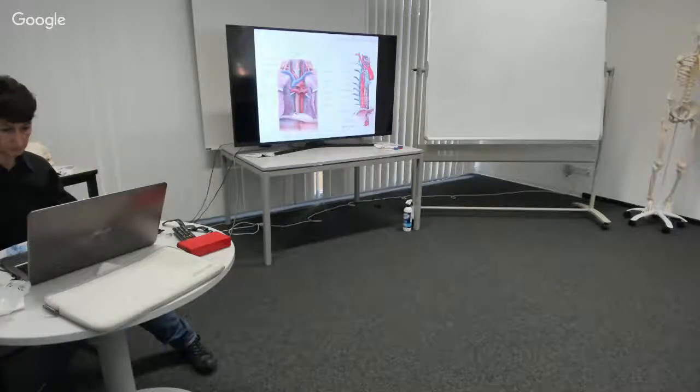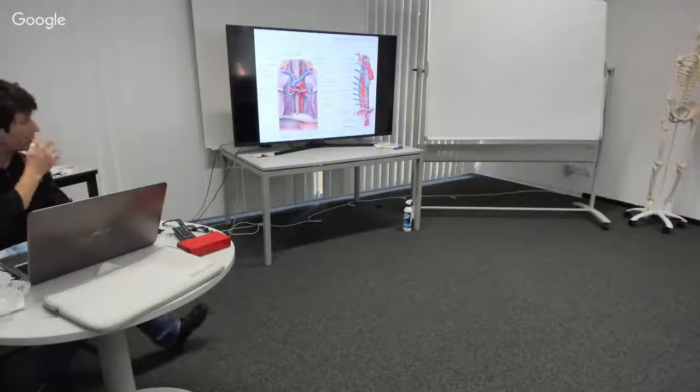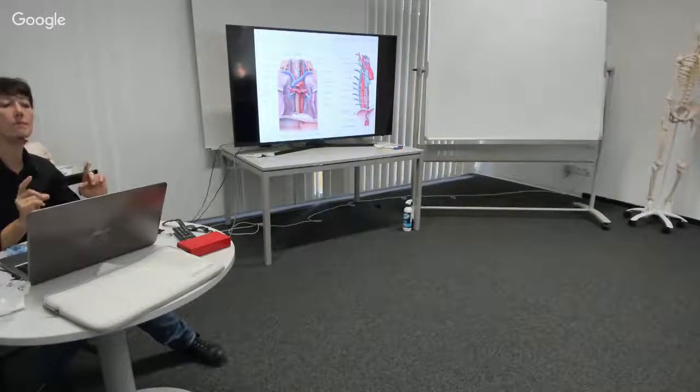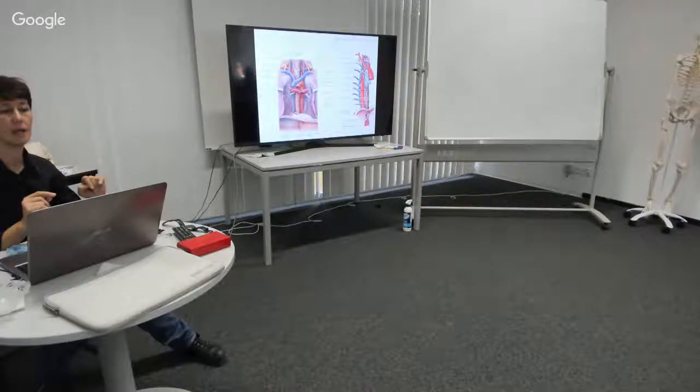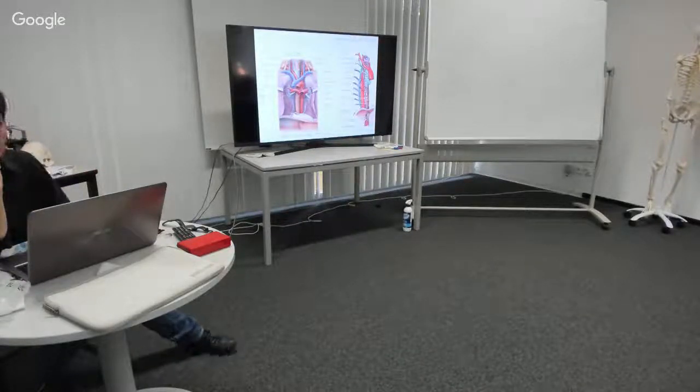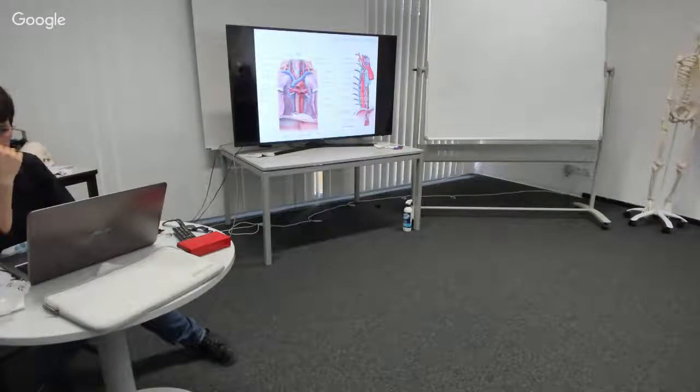Then, on both sides, we still have important vascular relations. Tell me, at the level of T4, T5, where the trachea is, does the left brachiocephalic vein have any attachment to the esophagus?